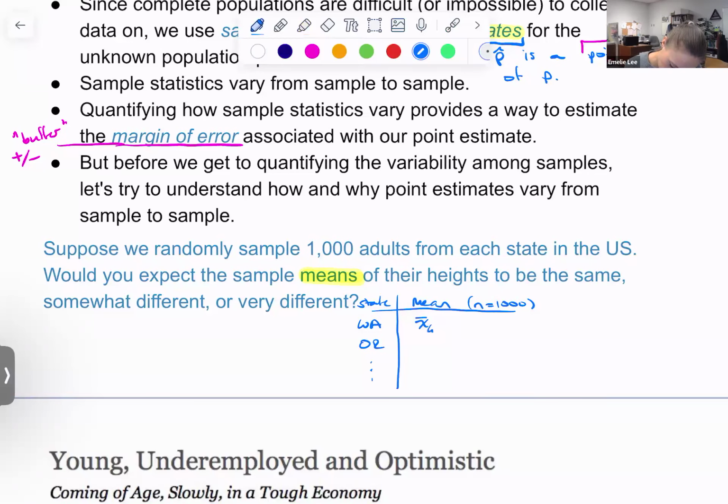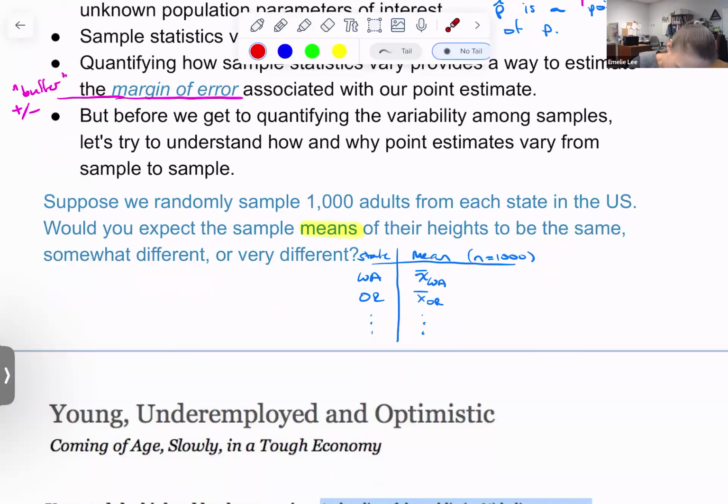I have X bar for Washington. I have X bar for Oregon. Now, I expect these to be similar, because they're based off of a sample that's very large, and overall we expect the heights to follow a normal distribution. So there's no reason why these heights wouldn't be similar. Do I expect them to be exactly the same? No, because we have this variability.